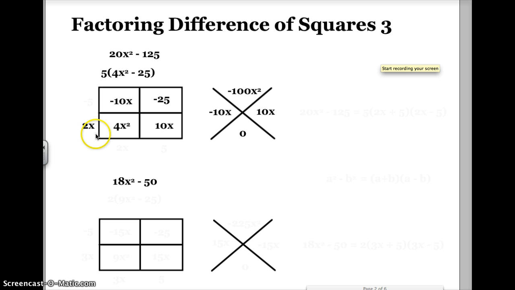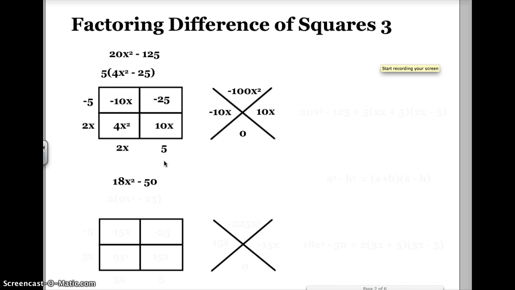If this dimension is 2x and my area is 4x squared, this dimension has to be 2x. If this dimension is 2x, that means that dimension is 2x. And if my area is negative 10x, this has to be minus 5. If this dimension is 2x and my area is 10x, this has to be positive 5. There it is.